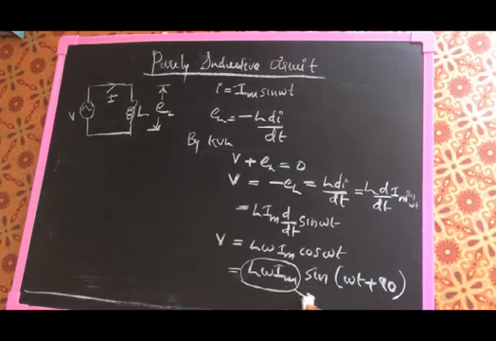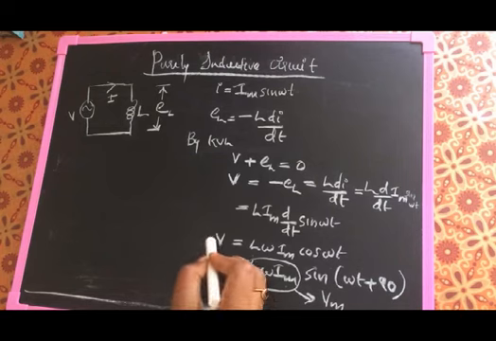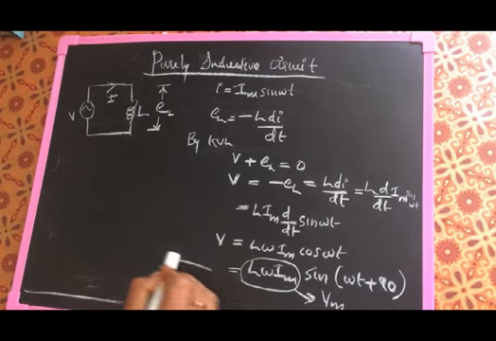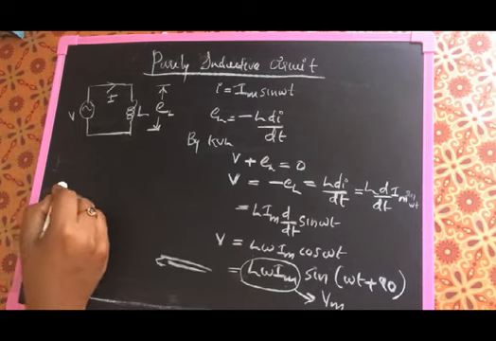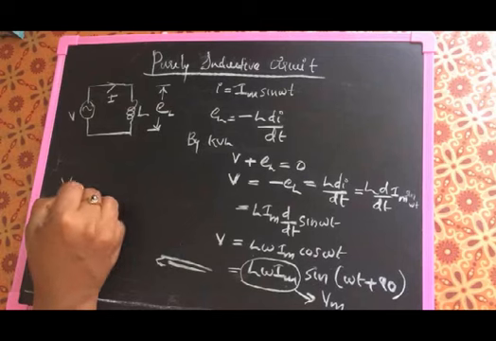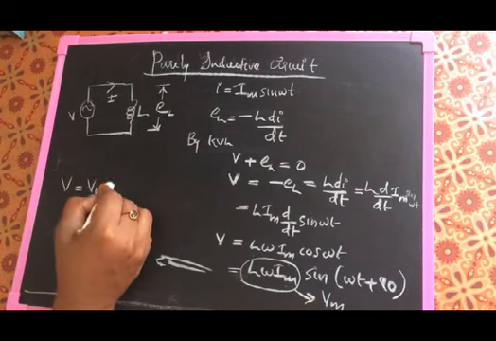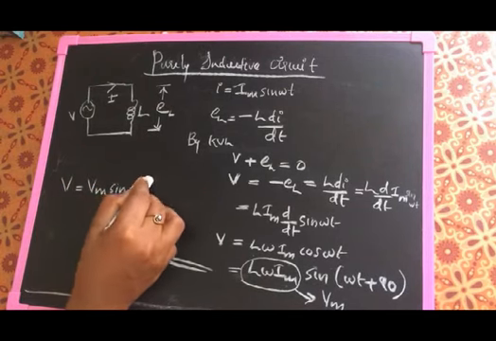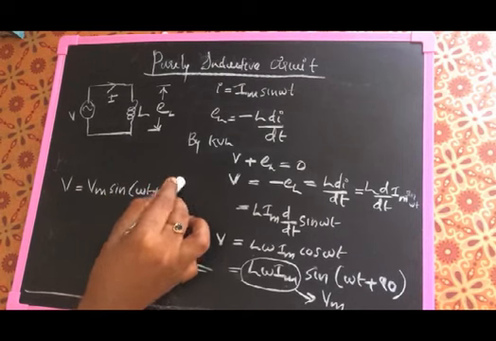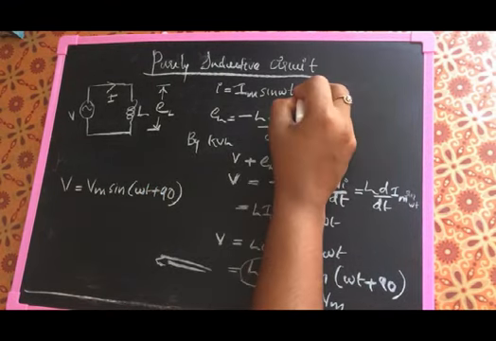This entire term can be replaced by Vm, which we have already learnt before, that is V = Vm sin omega t. So in that you can replace this entire term as Vm, the maximum value of voltage. Again you can rewrite it as V = Vm sin(omega t + 90 degree).